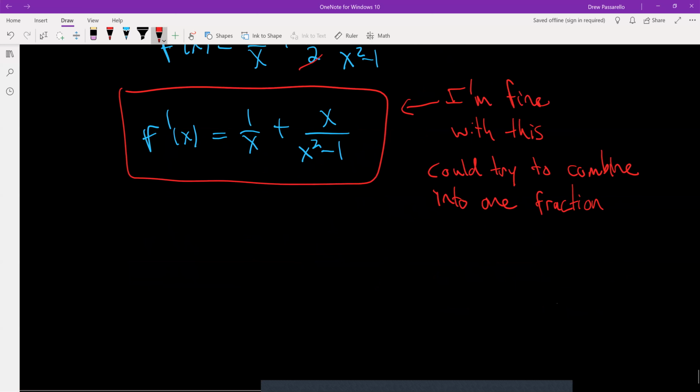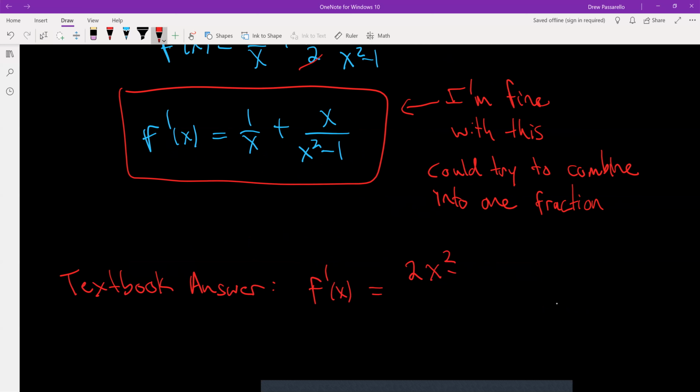So for the one fraction for the textbook answer, they get 2x squared minus 1 up top divided by x times x squared minus 1.